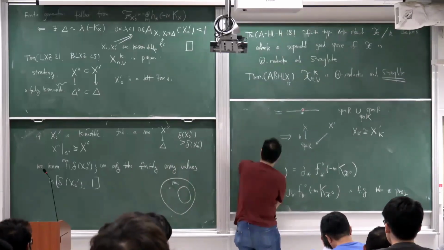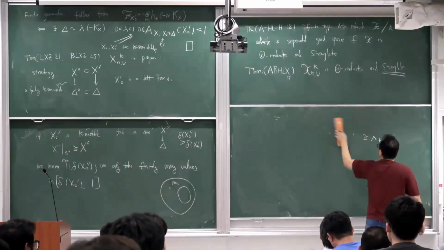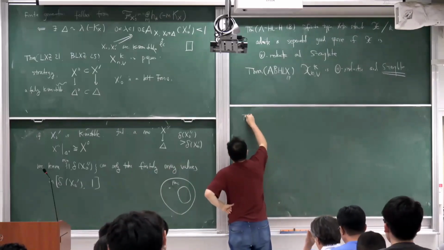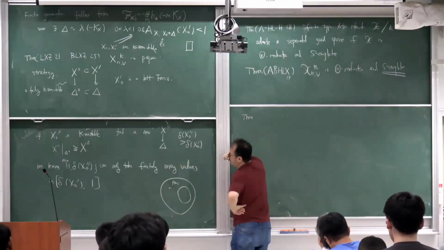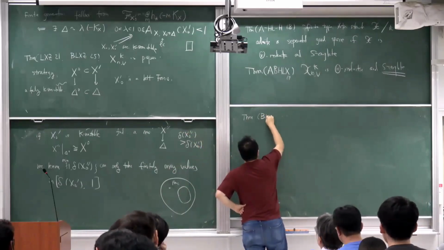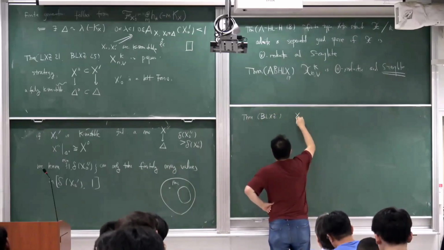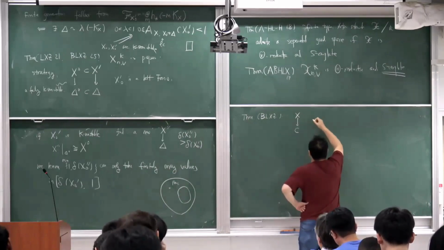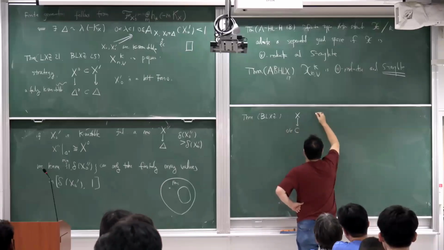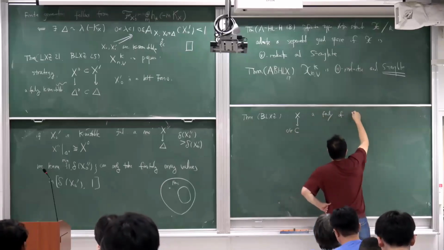So let me state our theorem. The more technical version of that theorem is the following. Say I have X mapped to C, a punctured curve, such that this is a family of Fano varieties.